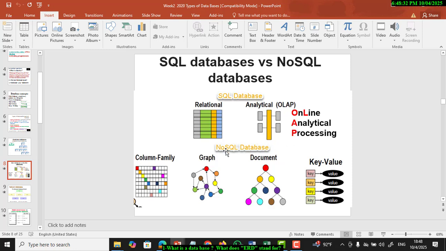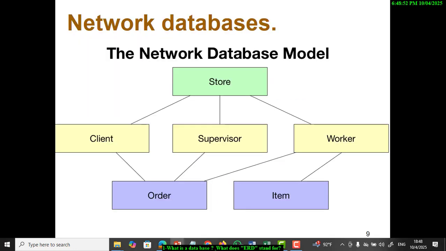The NoSQL databases are like graphs, relations between graphs, column family, document, key value, which is a dictionary in Python. Network databases are like hierarchical, but there is some relation here. As we see, it's like hierarchical, but here there is some relation between worker and order, and supervisor and order.